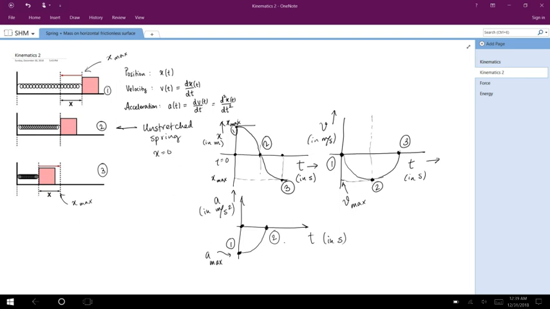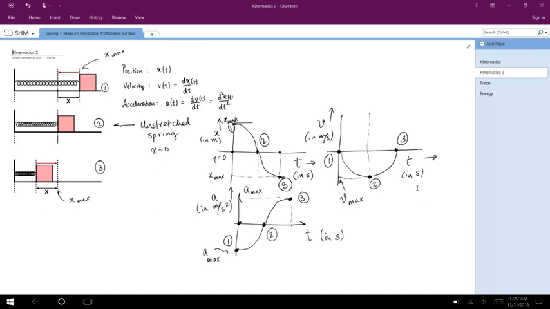So it's no longer exerting a force on the block. And as time goes on after that, the acceleration starts increasing in the positive direction until position number 3 is reached. And at that point, again, the acceleration of the block is a maximum, but this time it is a maximum in the positive direction.